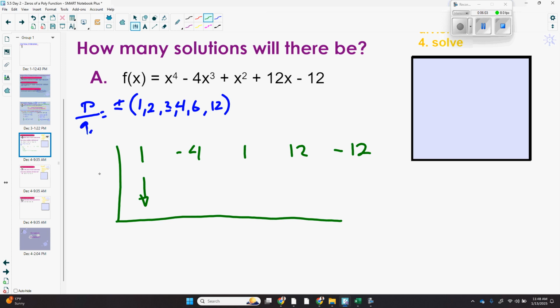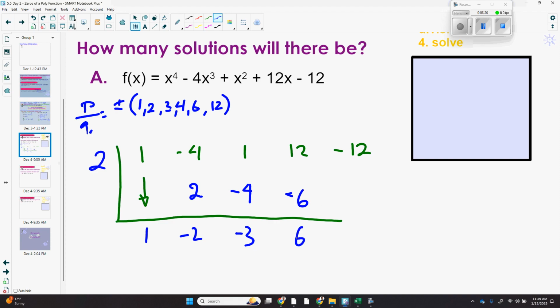All right, let's start with 2 now. That's my next number in my list. And if I were to get up through all those and they still don't work, I could go back and do all the negatives. So let's try 2. If I bring down a 1, 1 times 2 is 2. -4 plus 2 is -2. -2 times 2 is -4. It's going to be -3. This is a -6.